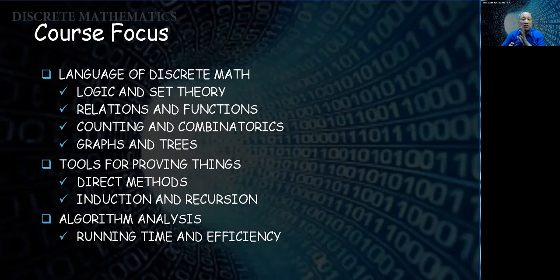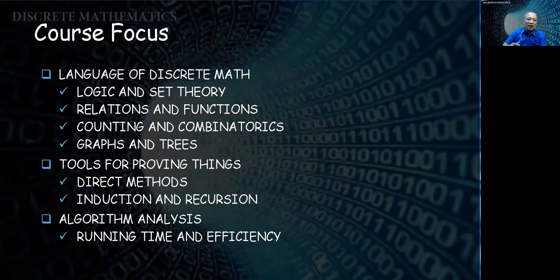Counting and combinatorics, I mentioned before, about counting numbers, what is the most efficient time, the maximum cost or the minimum cost that we can achieve by applying certain combinations. Graphs, theories, and trees: how this branches into another, and the possibility that if we choose one and then branch to another, can it take more time, more steps, more cost? I don't know. So this is the language of that.